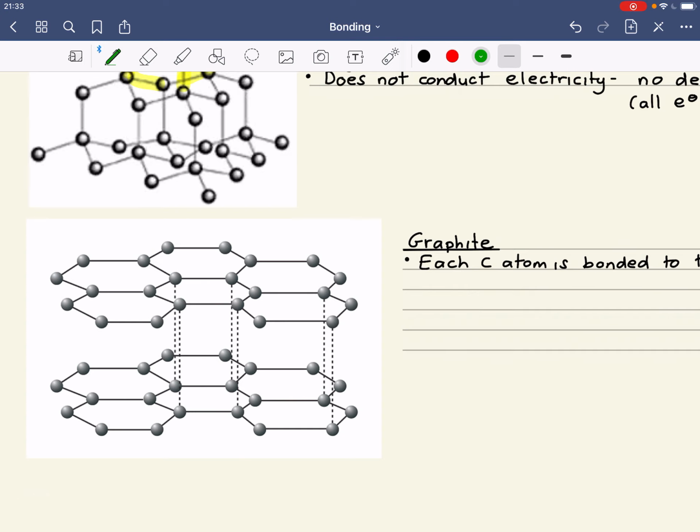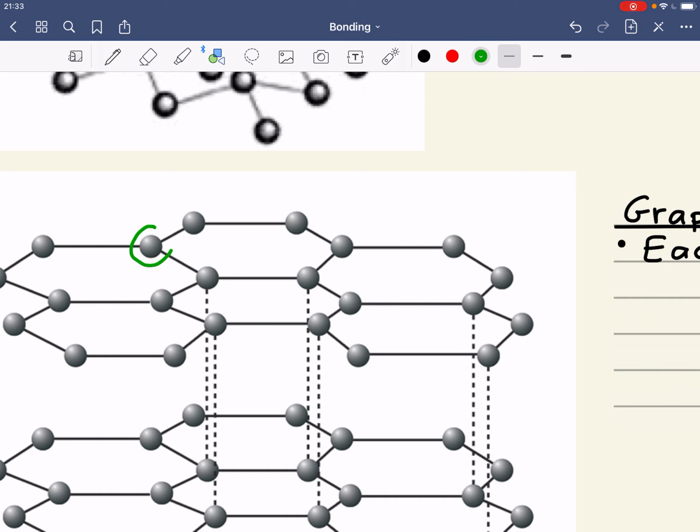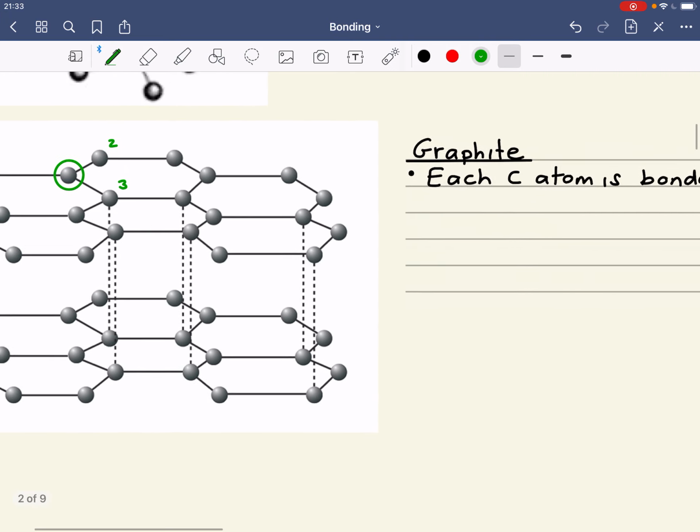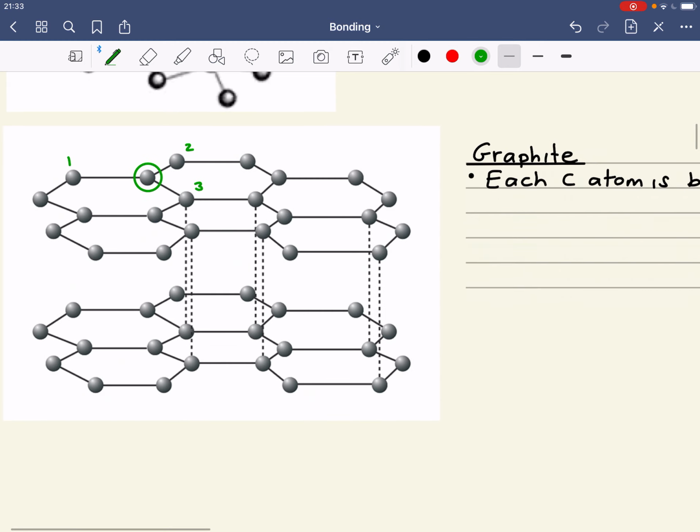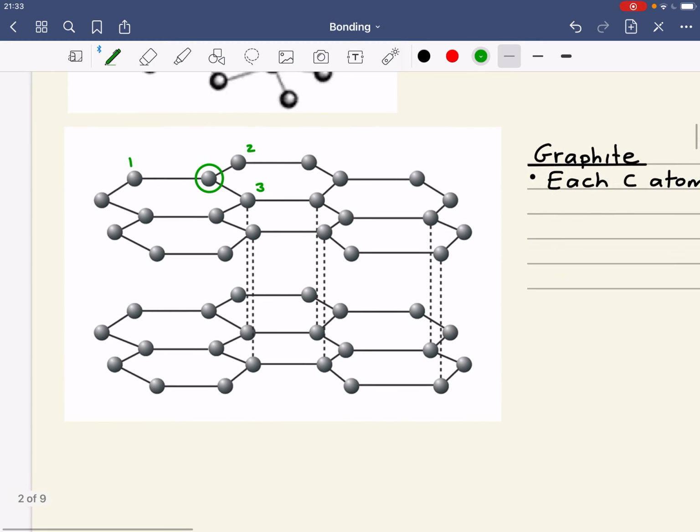Let's just pick, for example, this carbon here. We can see that it's bonded to 1, 2, 3 other carbon atoms. We can see with graphite, they're arranged in layers.